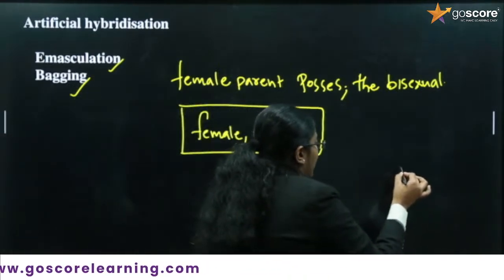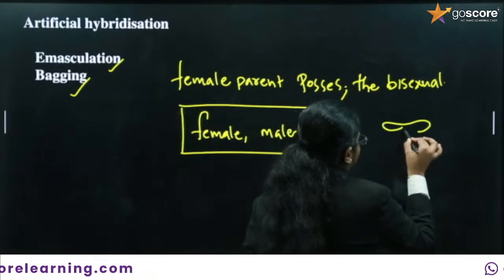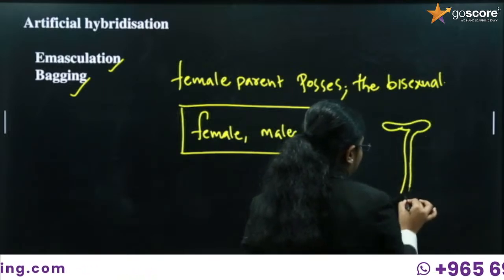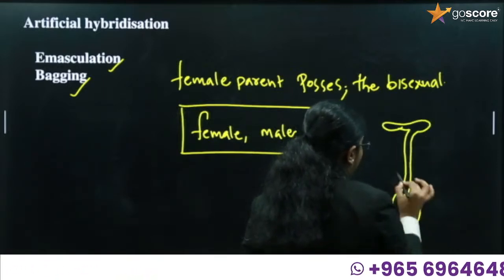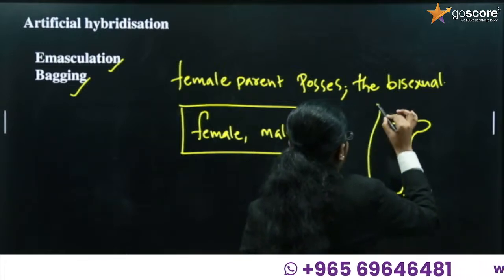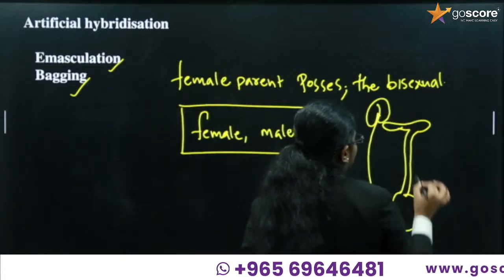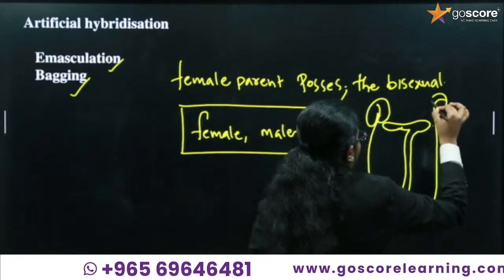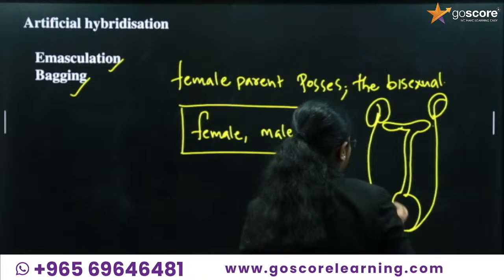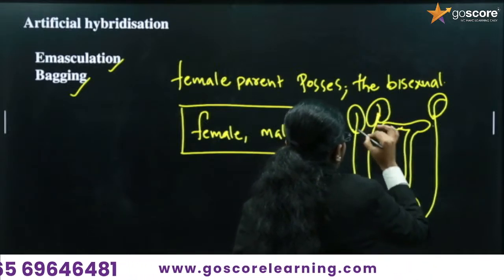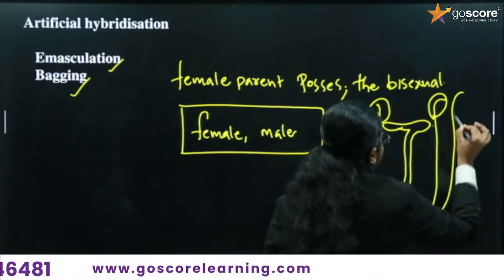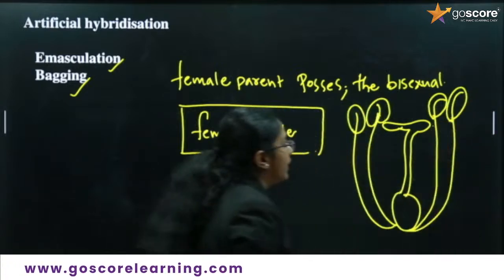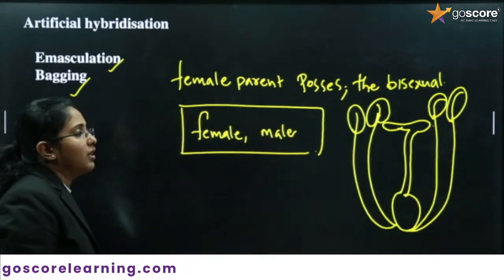For example, the stigma, style, and ovary are present, along with the pollen grains, or the male reproductive structure called the stamen. This is the condition of a bisexual flower.